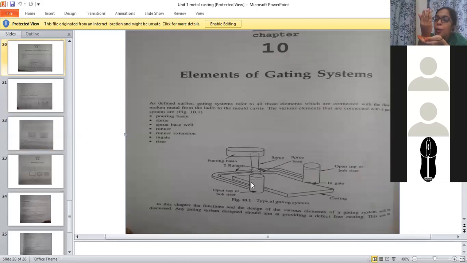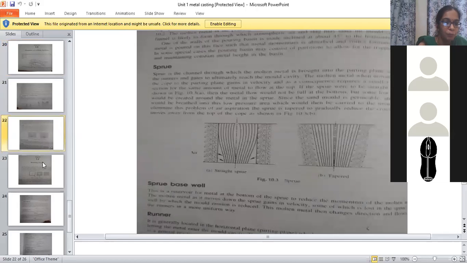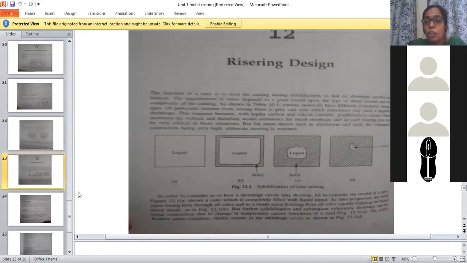This bulged section will decrease the velocity, in order to trap the particles. We saw the trapping unit in the runner. So in order to trap the foreign particles, you will have the sprue base well. Okay, the next topic is riser design.